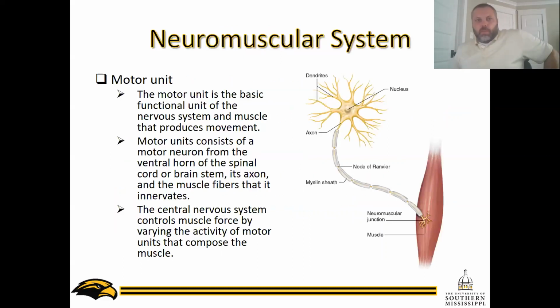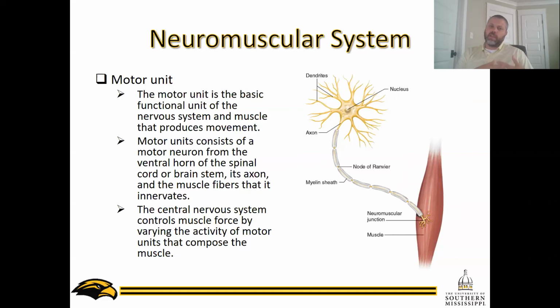So now we move into the nervous system a little bit, and we're going to talk at first about the motor unit itself. So a motor unit is an alpha motor neuron, and it has its origins, for the most part, for what we're going to talk about, and to simplify it, in the spinal cord or in our central nervous system, and then it reaches out to the muscle.